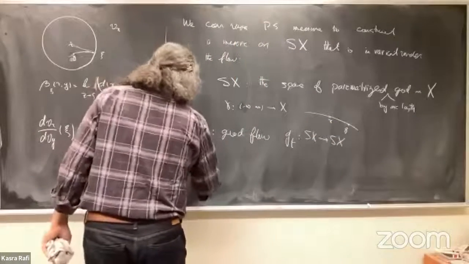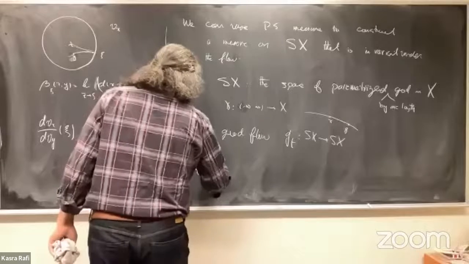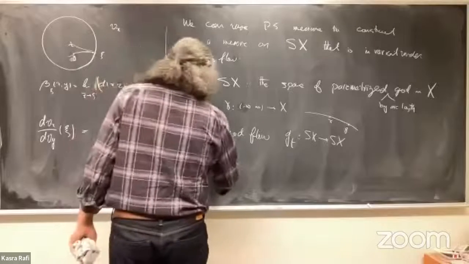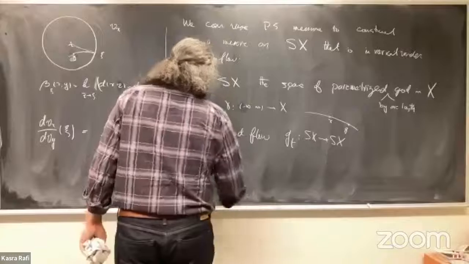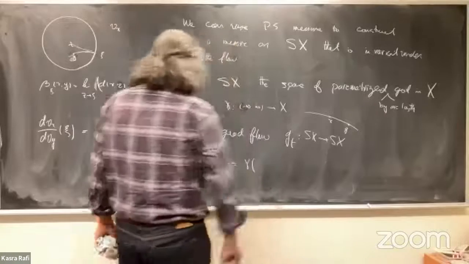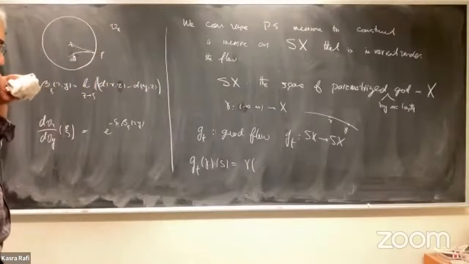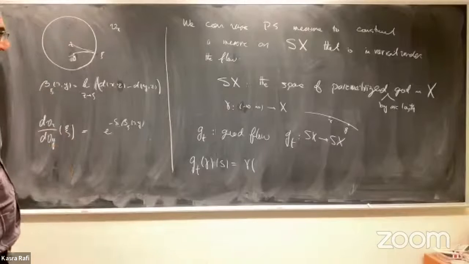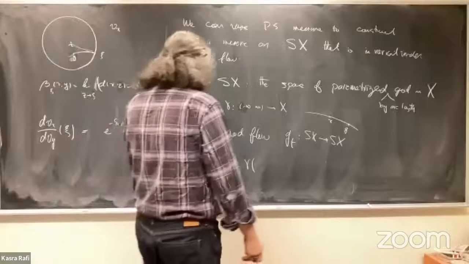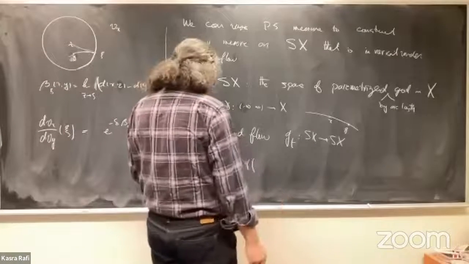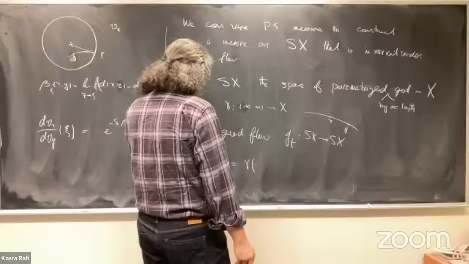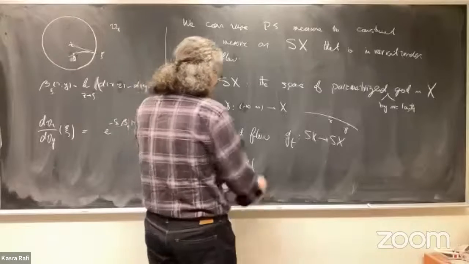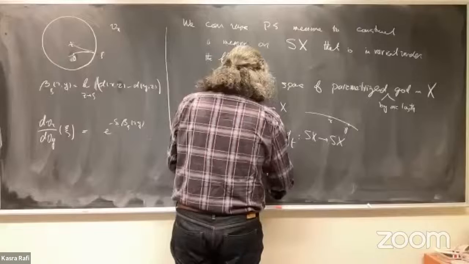So GT of gamma of S should be gamma of either T minus S or T plus S. Let's check it. So at time 0, I should be at gamma T, so it should be T plus S.